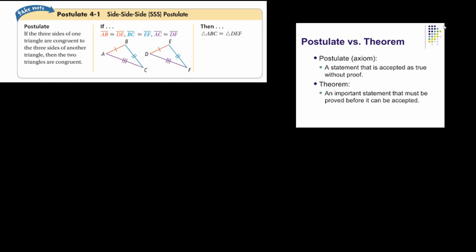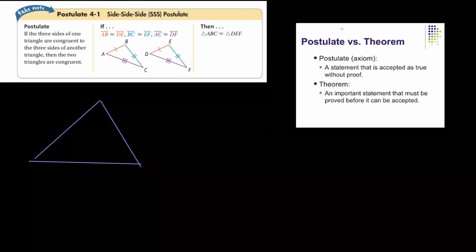The postulate here tells me that if you have two triangles, this will be my first triangle, and here we have a second triangle.